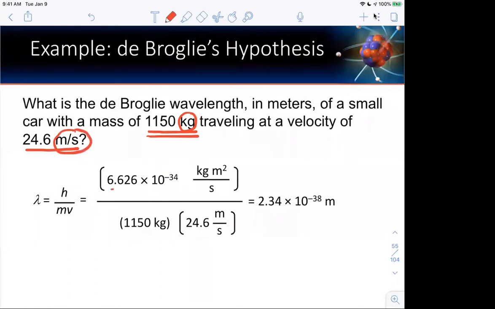Here is my h. Now this unit is joule seconds, because 1 joule is equal to a kilogram meter squared over seconds squared. So if I look at this unit and then I add a second, what I end up with is this unit, which is a joule second.